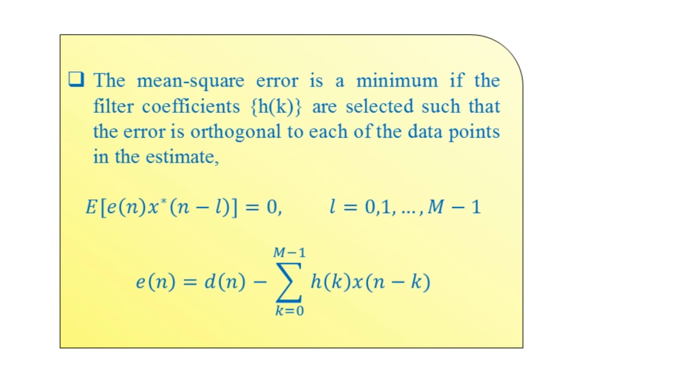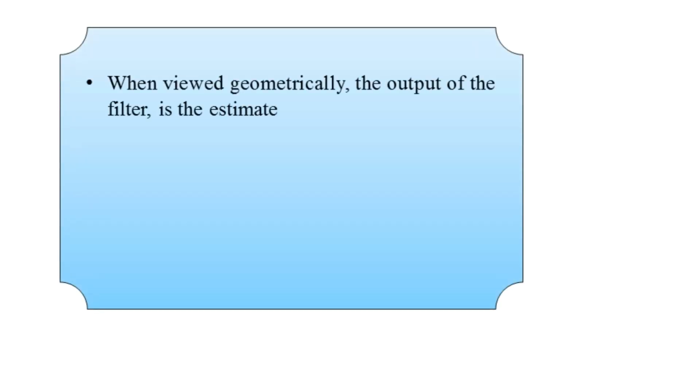When we view it from the geometrical point of view, the output of the filter, the corresponding estimate, we can express by the mathematical expression d cap of n equal to the summation, small k equal to 0 to capital M minus 1, of h of k multiplied by x of n minus k.